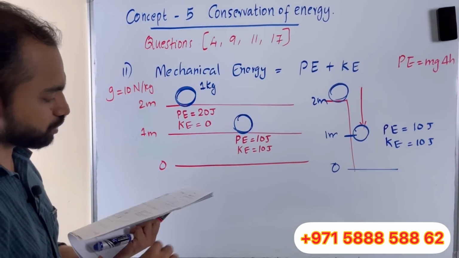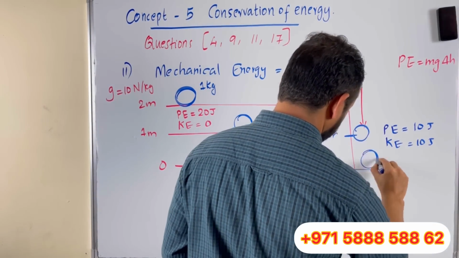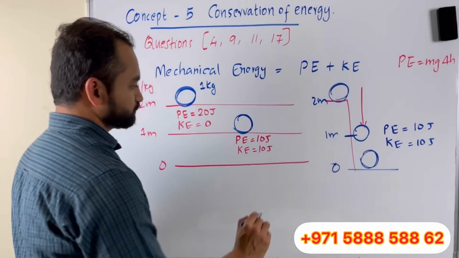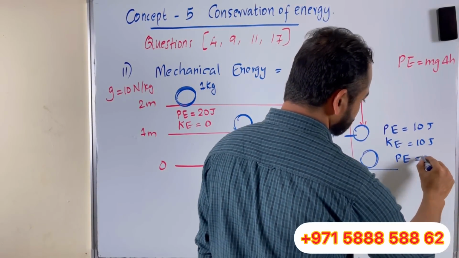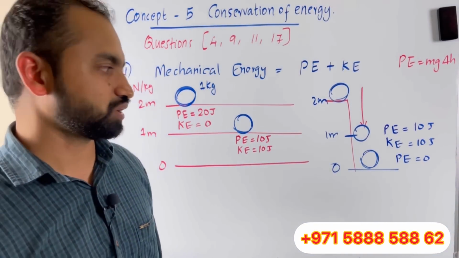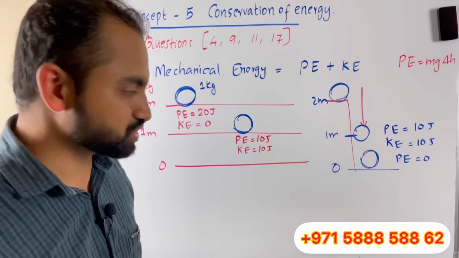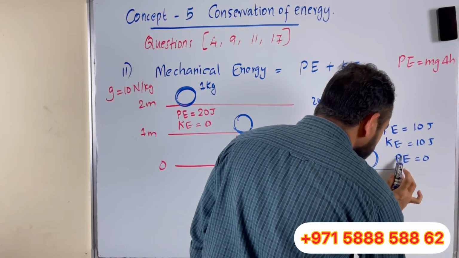And when the ball reaches the bottom, what happens to its potential energy? Potential energy is equal to 0, because now the ball is on the ground, so its height is equal to 0. If the height is 0, potential energy is equal to 0. So what happened to that decrease in potential energy?